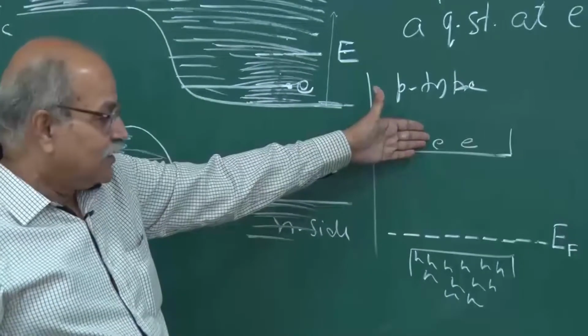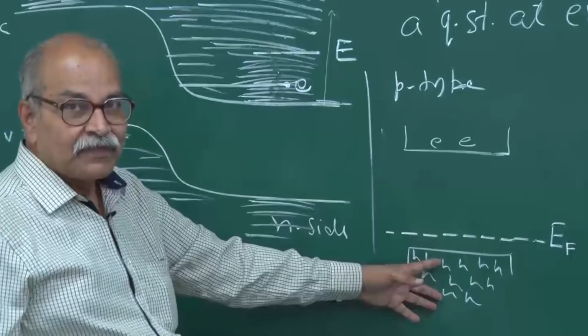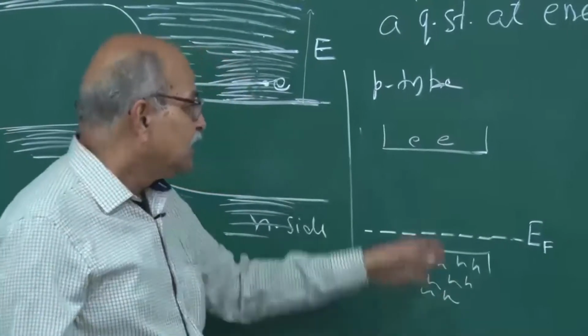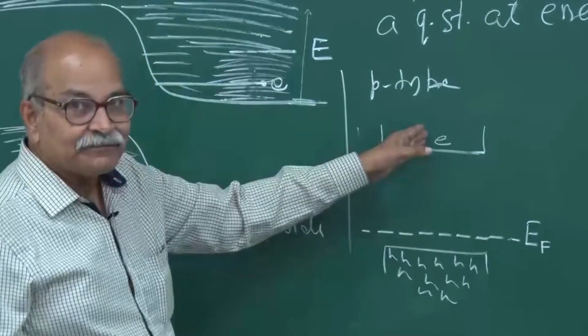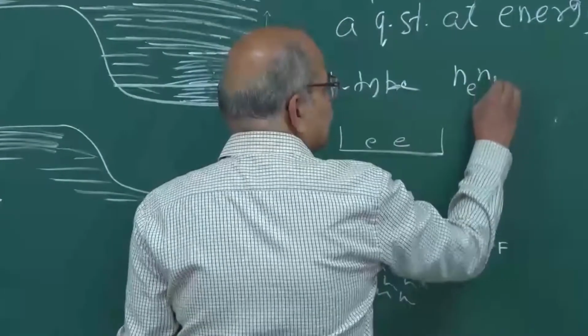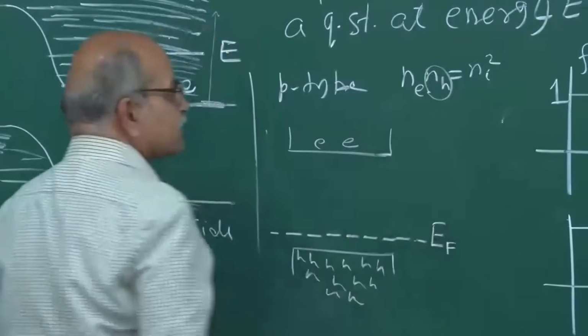Okay, you know that when you put this p-type impurity, then not only that, you have lot number of holes, this electron Ne, that also goes down, because you know that Ne into NH is equal to Ni square. So if this increases, this decreases.